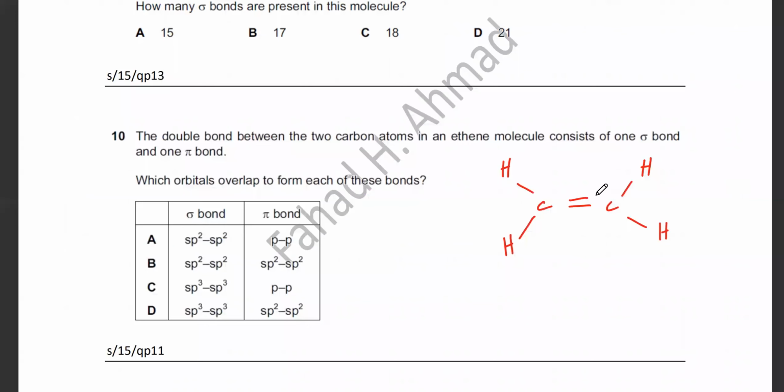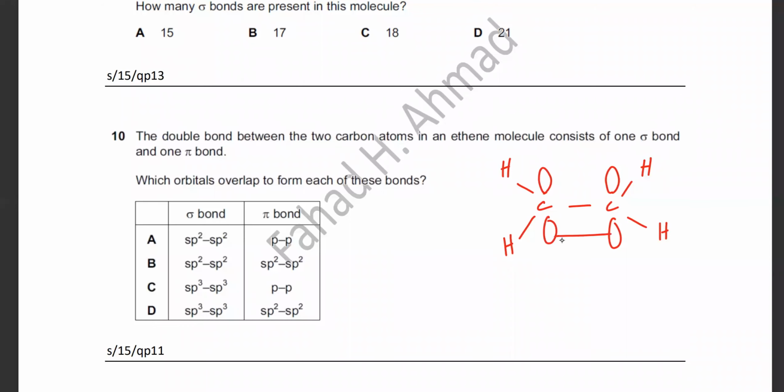So this one has one pi bond. Basically, carbon looks like this. 3 of the electrons are bonding in the normal way. They're sp2 hybrid orbitals, and there's an unchanged p orbital.